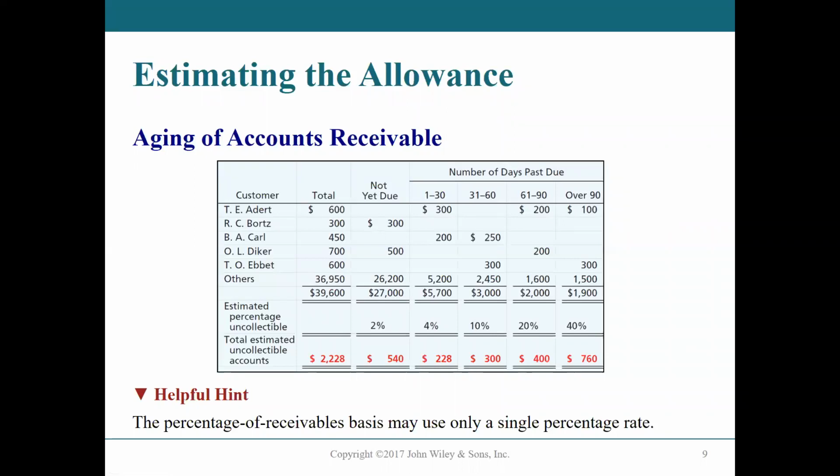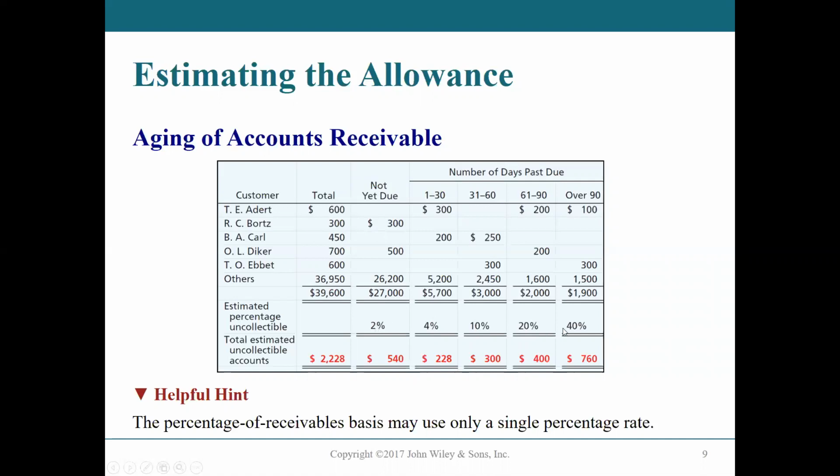The idea is, this company right here is owed $39,600. $26,200 of that money is not due yet, meaning the customers aren't even supposed to pay us yet. We would expect that debts that are newer, not even due yet, we're going to collect much more of than older debts. In real life, it would be based on the company's own experience.